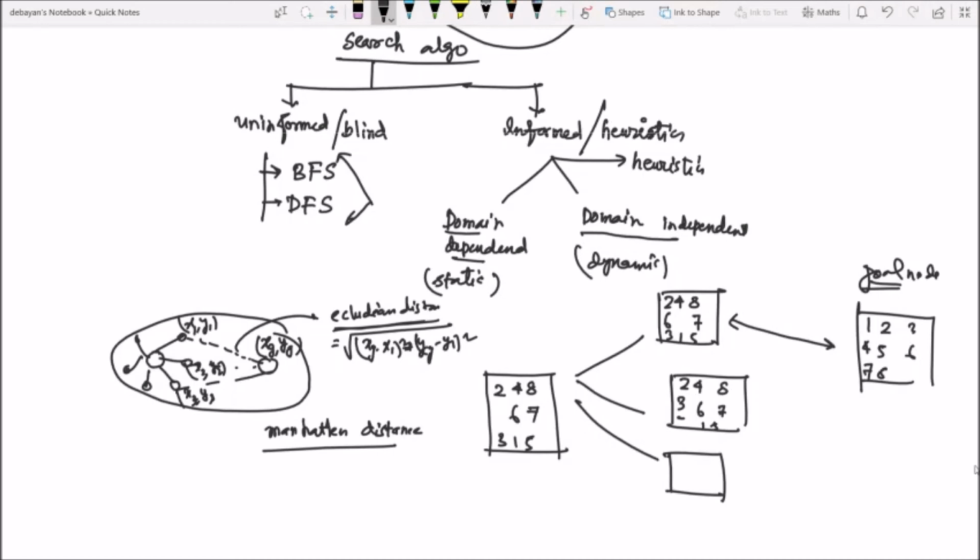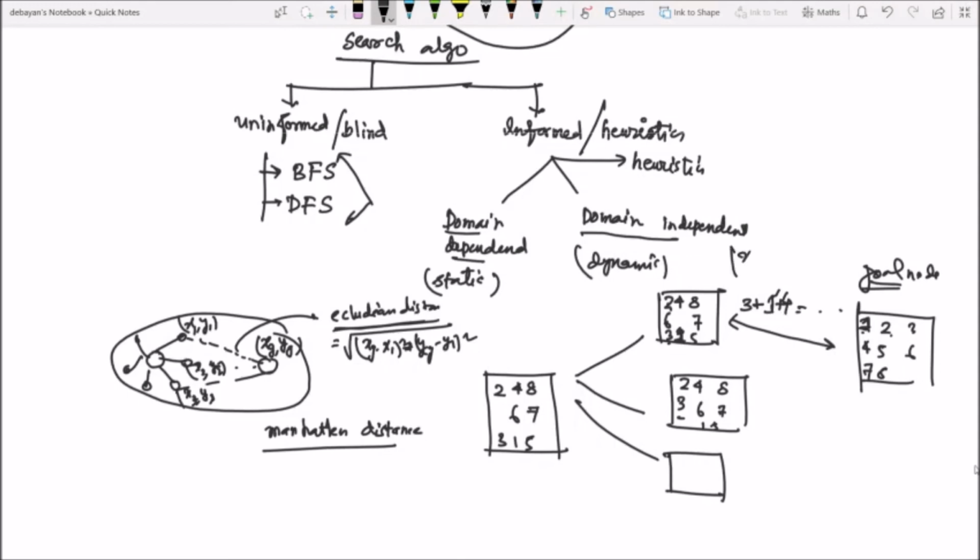For 1, at least you need 3 shifts to place it at its goal position. For 2, you need at least 1 step to reach its goal position. For 3, you need 1, 2, 3, or 4 steps. If we calculate like that, that type of calculation is known as the Manhattan distance.